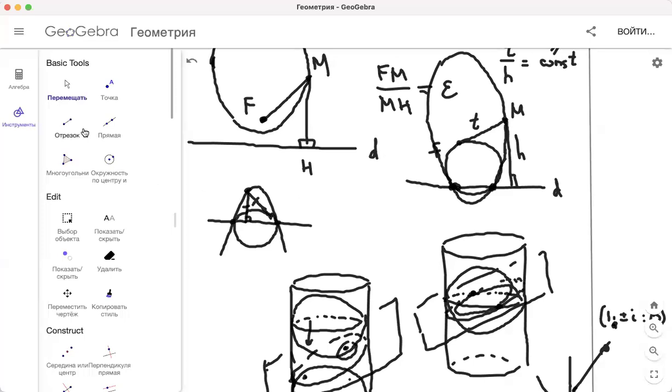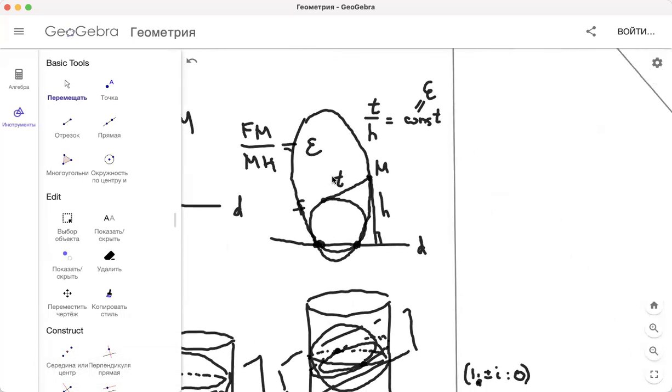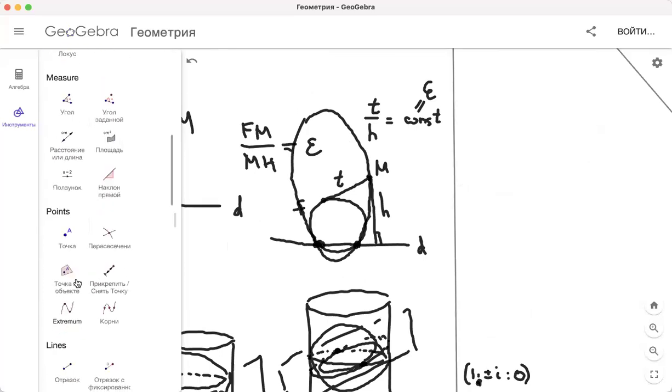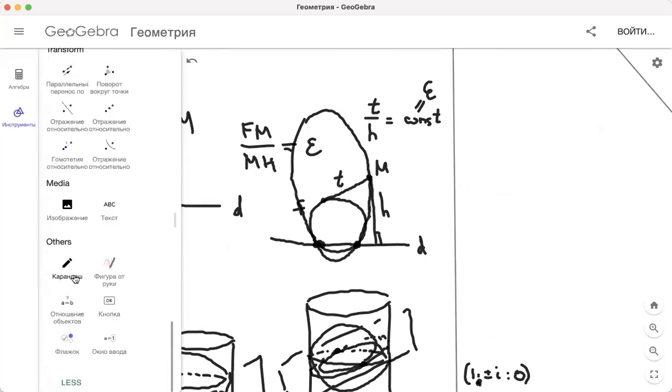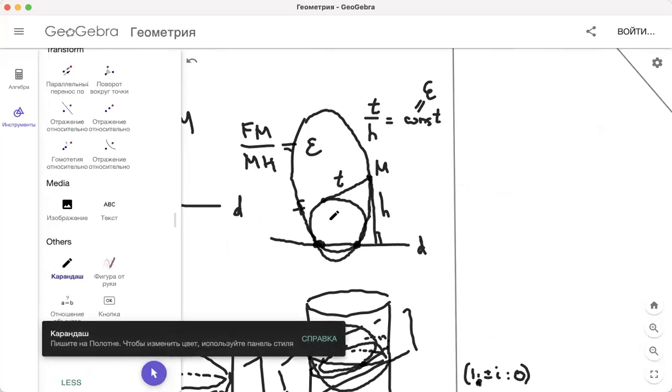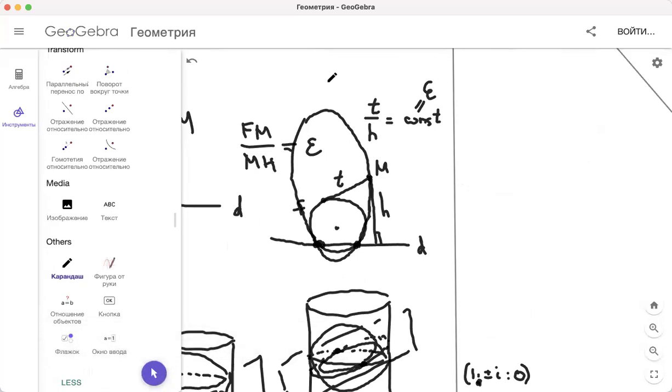Also, there is some similar property, because here I consider a circle doubly tangent to this ellipse with center lying on the major axis of symmetry, yes, of the ellipse.